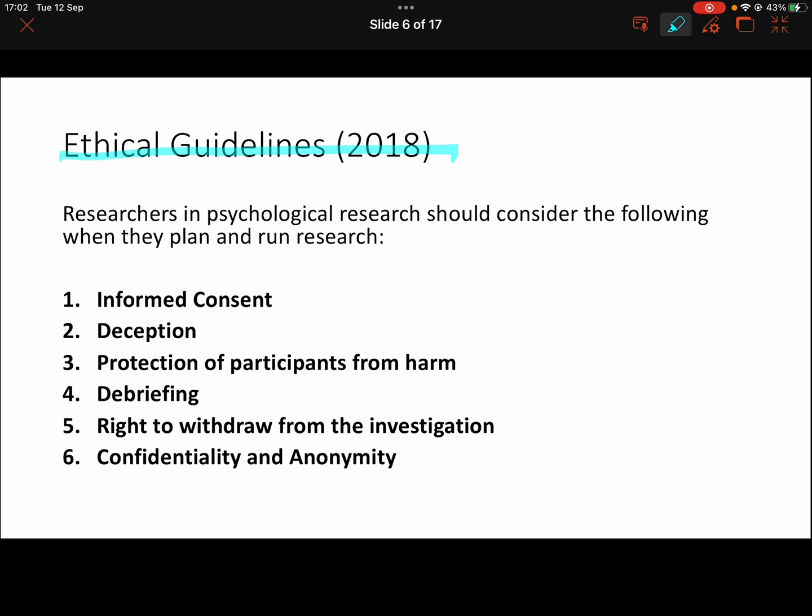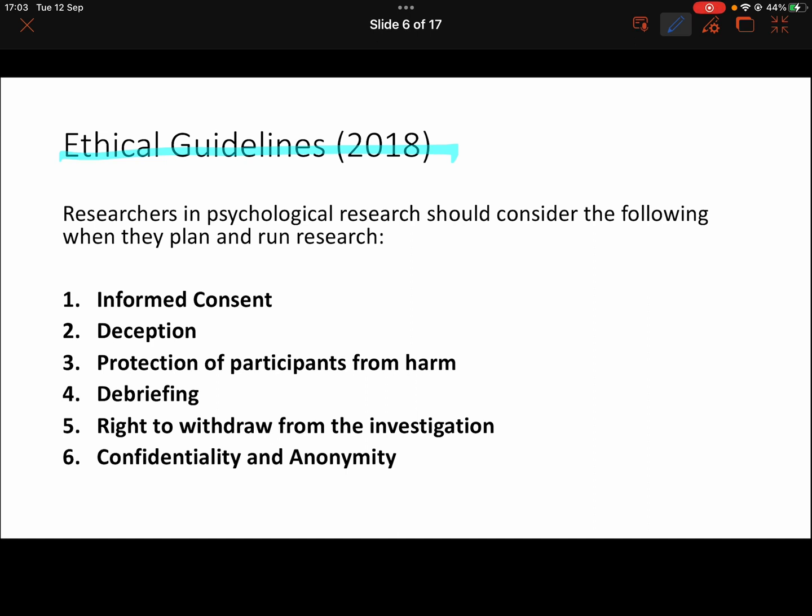So we're going to be looking at these guidelines. These are implemented by ethics committees. These are groups of BPS accredited and appointed professionals that will look at research proposals and will perform a cost-benefit analysis to determine whether particular research is ethically sound and should be approved. So we're going to look at the role of ethics committees later on in the video.